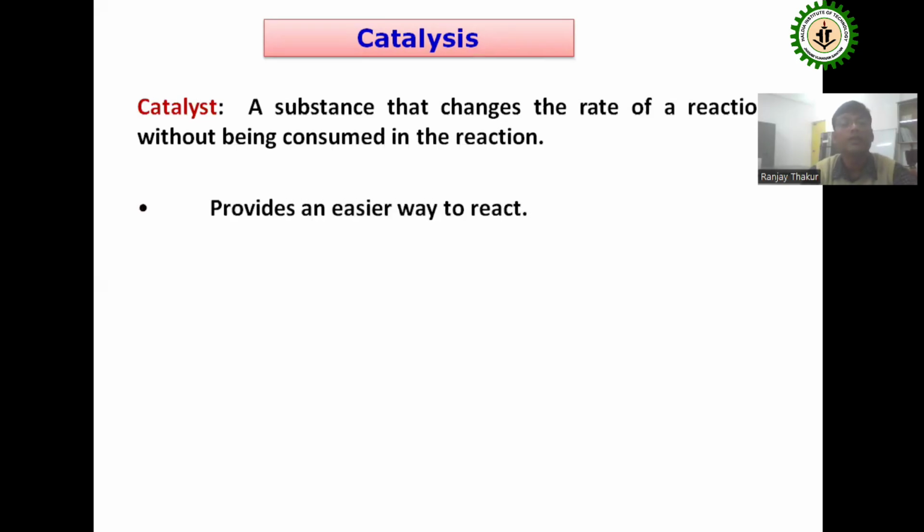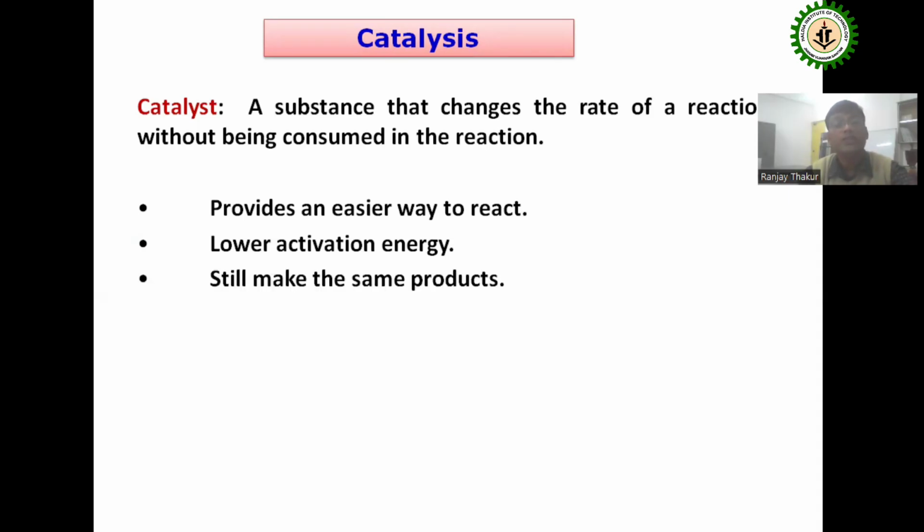The catalyst's function is to provide an easier way to react by lowering the activation energy. This is the most important way in which a catalyst works. A catalyst decreases the activation energy, and as we know, when activation energy decreases, the rate of reaction increases. It still makes the same product.